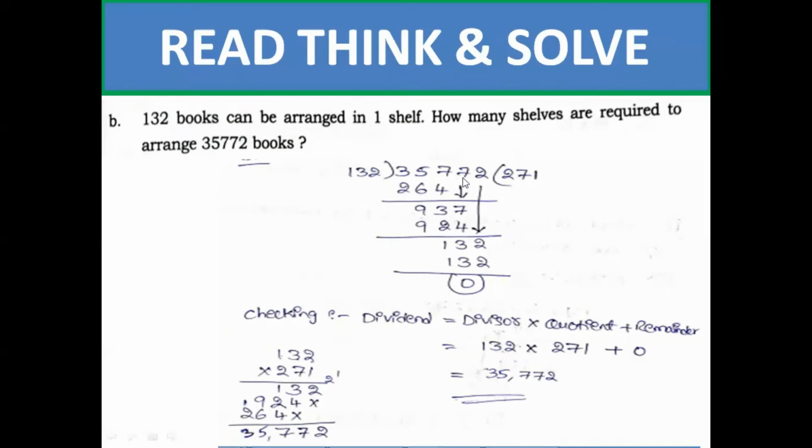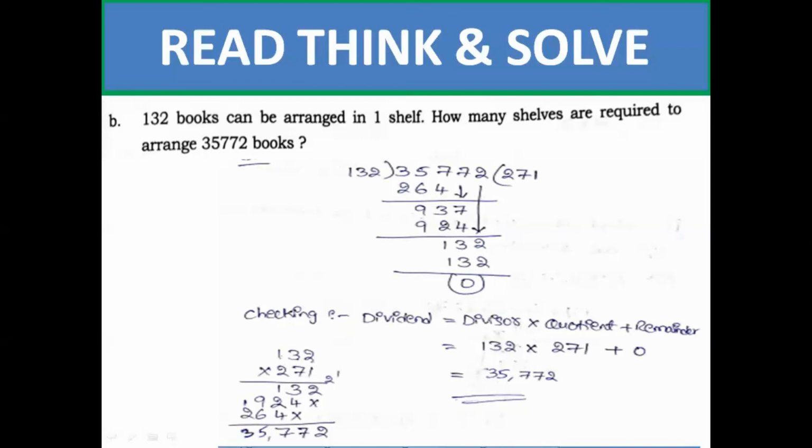Okay. 7 as it is you have to take. 132 into 7, 924. 937 minus 924, we'll get 13. We have to take 2 as it is. 132 into 1, how much? 132. 132 minus 132 is how much? Remainder 0.